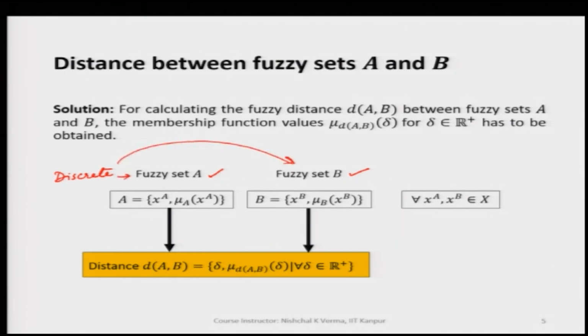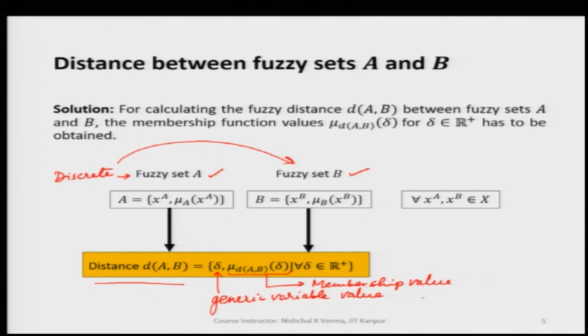So, let us now understand also that the resulting fuzzy set here, which is nothing but the distance d A B, will have two components. One is the generic variable value, which is here delta, and its corresponding membership value.